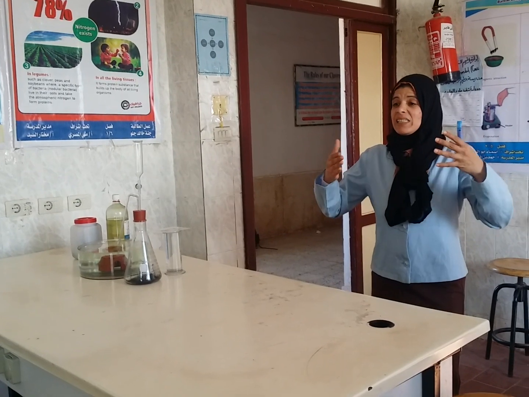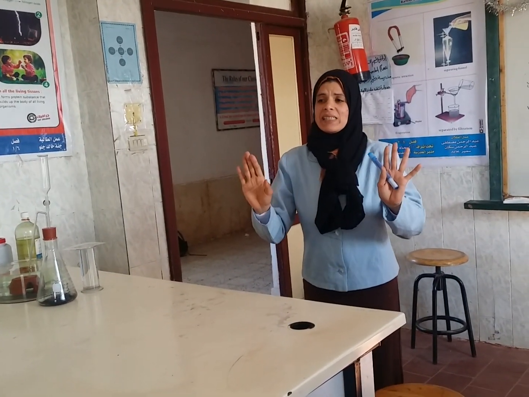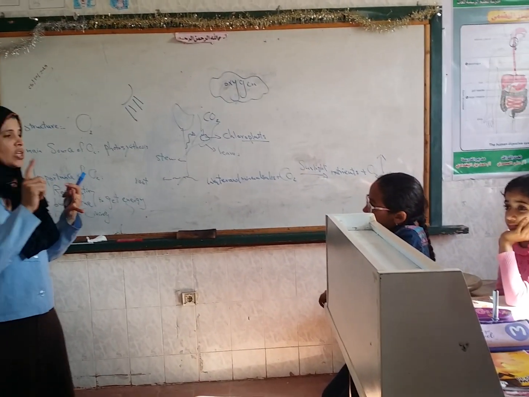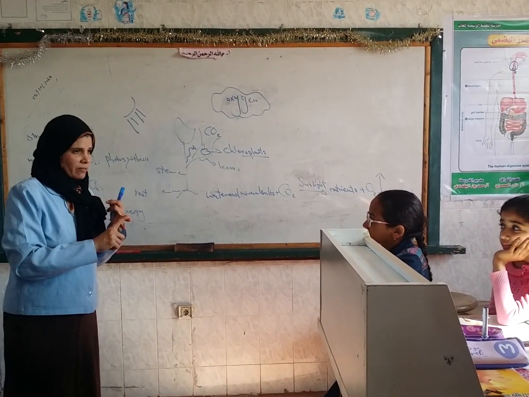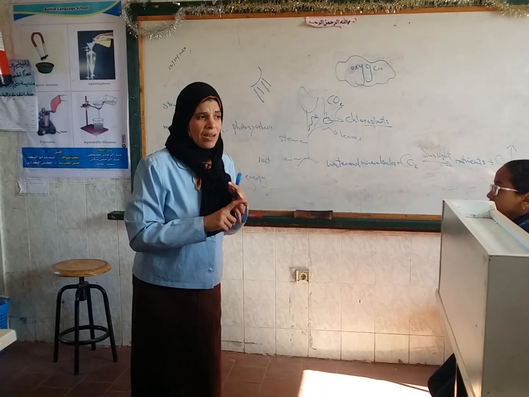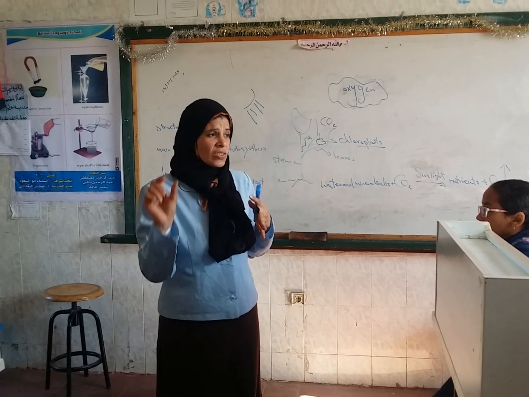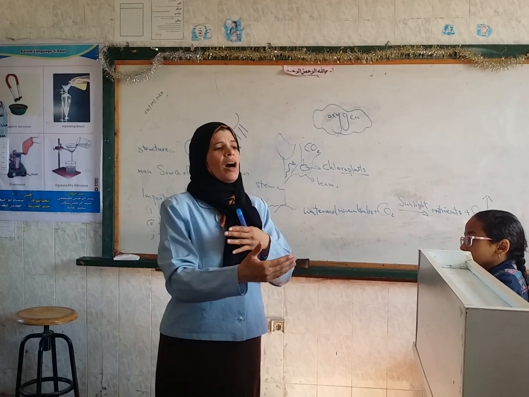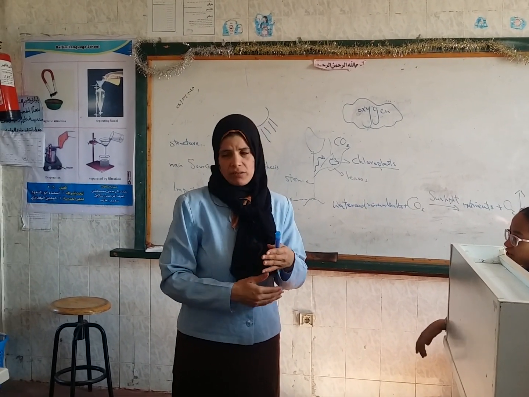But as it enters, so it gets out. What is the meaning? No change in the color, no change in the quantity, no change in its smell. As it enters, as it gets out. But it speeds up this chemical reaction.